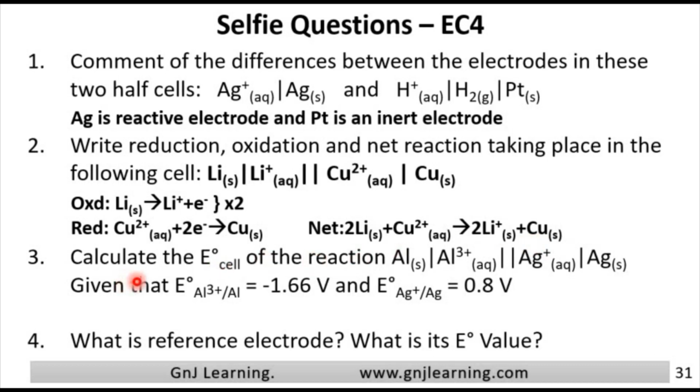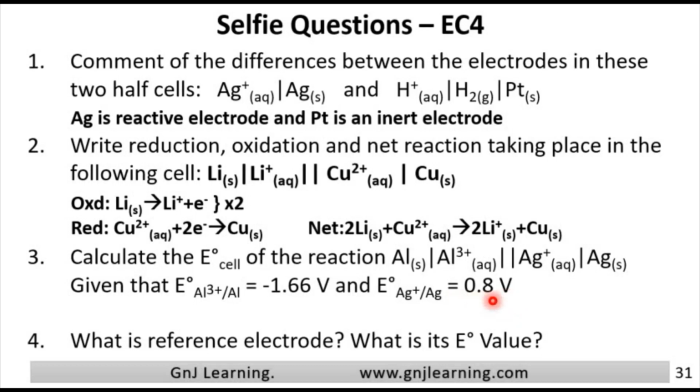Now the third question, calculate the E0 cell of the reaction of this cell. In this cell we have aluminium as anode and silver as cathode. They have given the E0 of each electrode. For the aluminium electrode it is minus 1.66 volt and for silver it is 0.8 volt.